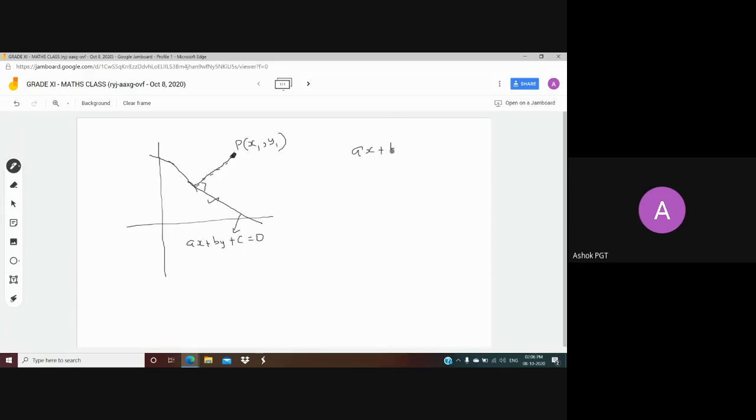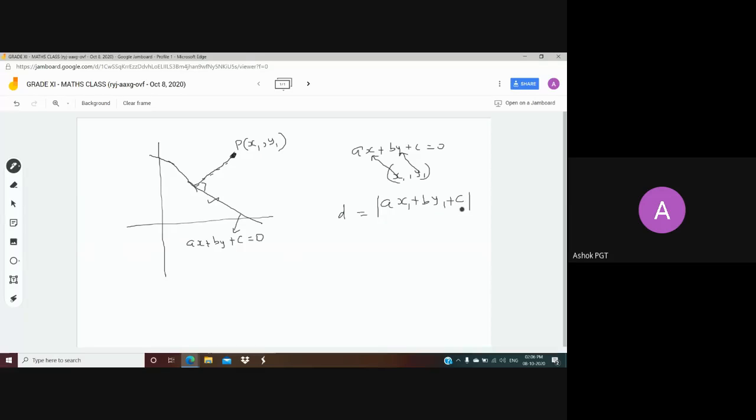If the equation of the straight line is this, and we want to find the distance from the point x1, y1, then in place of x you substitute x1, in place of y you substitute y1, and write it. So a into x1 plus b into y1 plus c, modulus, is equal to the distance.